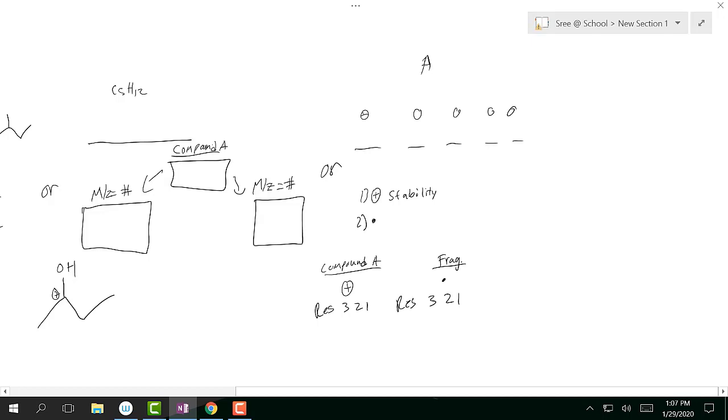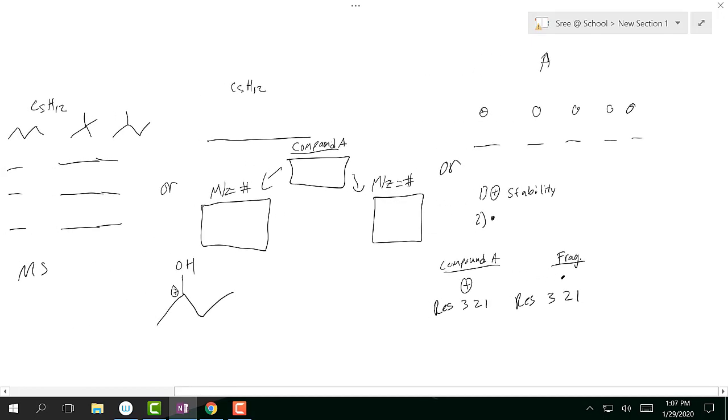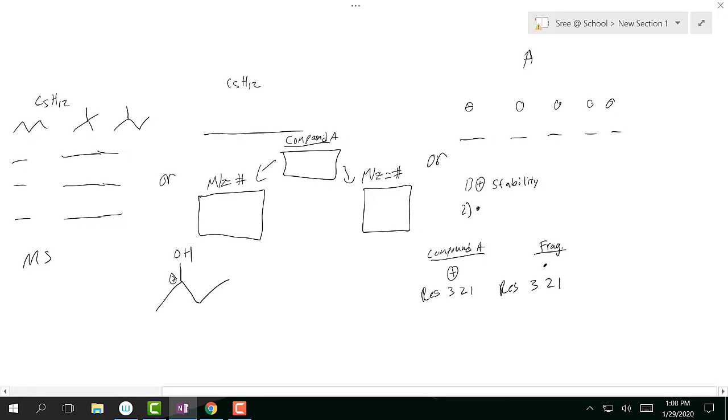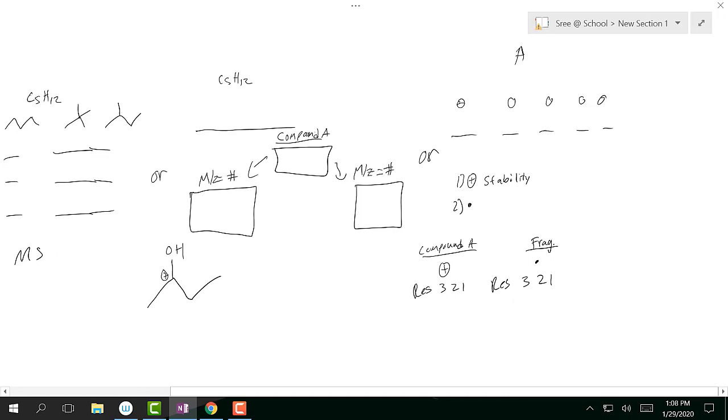Okay, so these are 3 different ways they can ask it. But yeah, if there's a positive charge underneath the OH or some type of oxygen, it is going to have resonance. So you should look for those first.